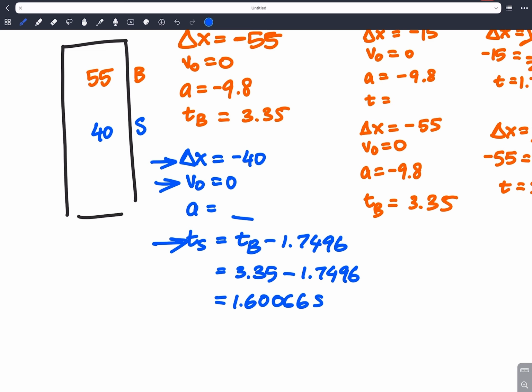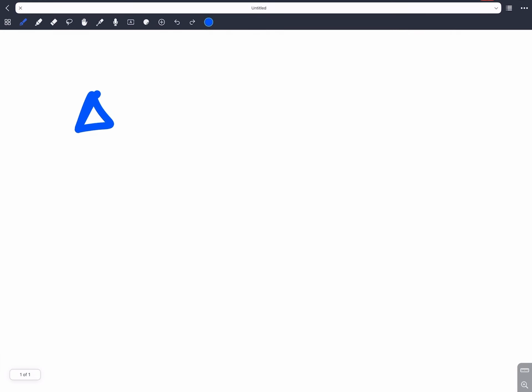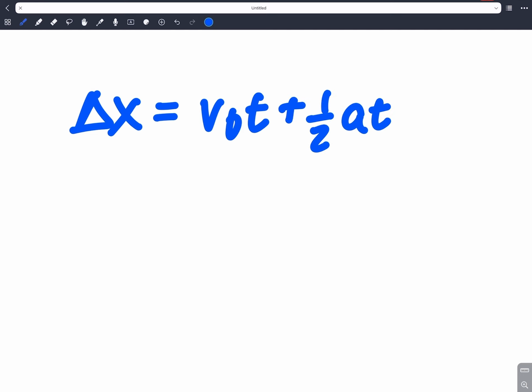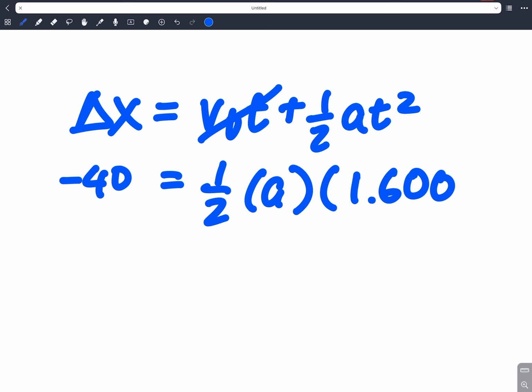Now we have the change in x for Superman, initial velocity, and time. Since we have our 3 kinematics variables, we can now solve for acceleration. And guess what? We're using the same formula. Change in x equals V0 t plus half a t squared. Change in x for Superman, negative 40. Initial velocity, 0, so this thing cancels out. Half acceleration, and then time.